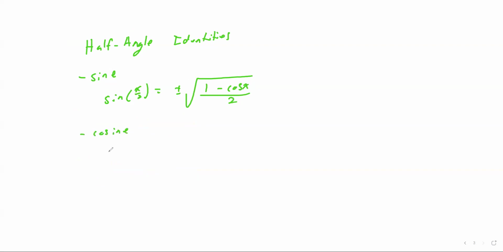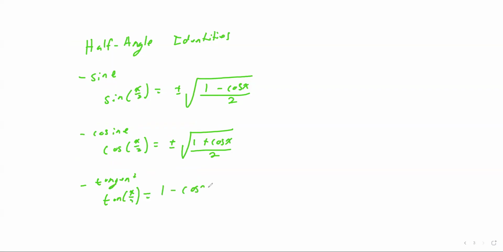The cosine identity will be cosine of x over 2 will equal plus or minus the square root of 1 plus cosine of x divided by 2. And then your tangent identity will be tan of x divided by 2 will equal 1 minus cosine x over sine x, or it can be sine x divided by 1 plus cosine x, just depending on what information we have. One might be easier looking than the other.